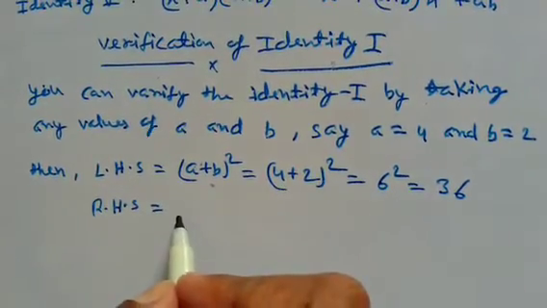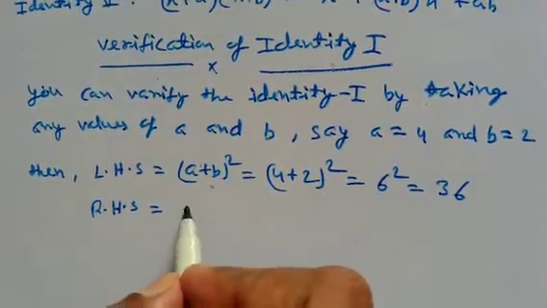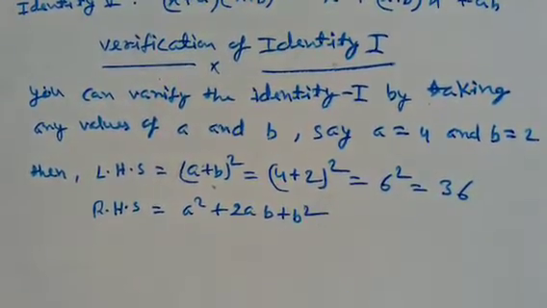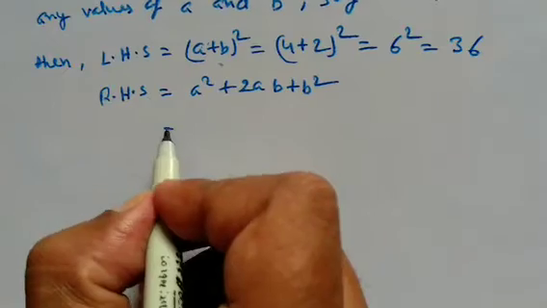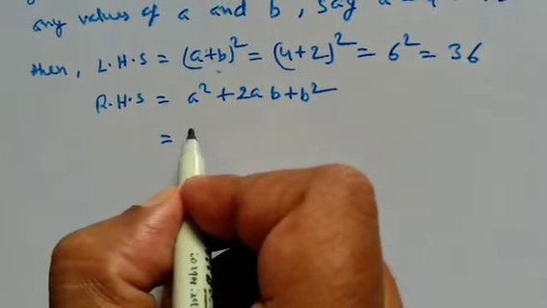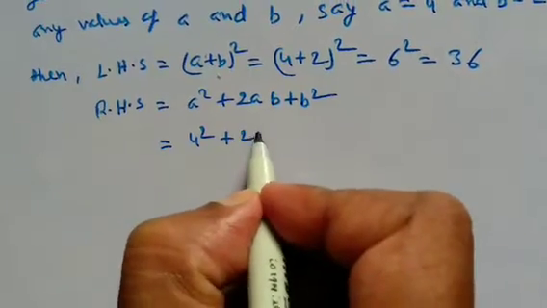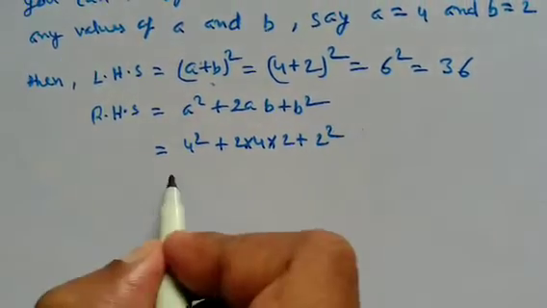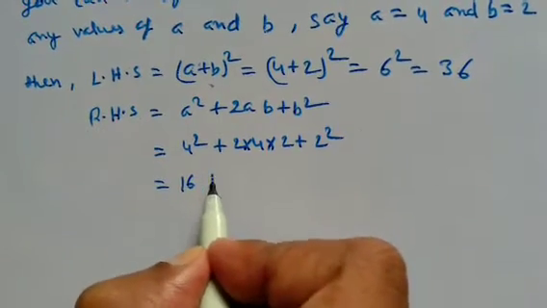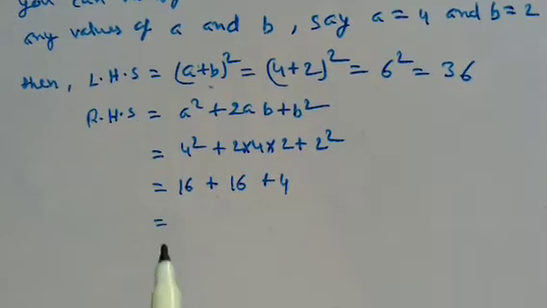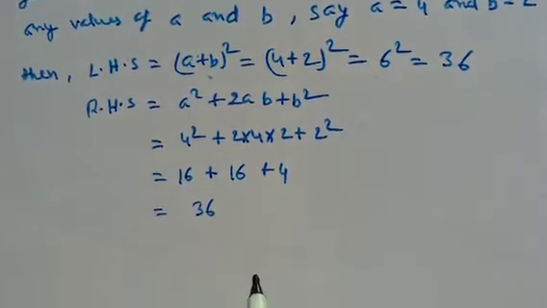After that we find RHS. RHS of identity 1 is a square plus 2ab plus b square. Now we put the values of a and b, we get 4 square plus 2 into 4 into 2 plus 2 square equal to 16 plus 16 plus 4 equal to 36.